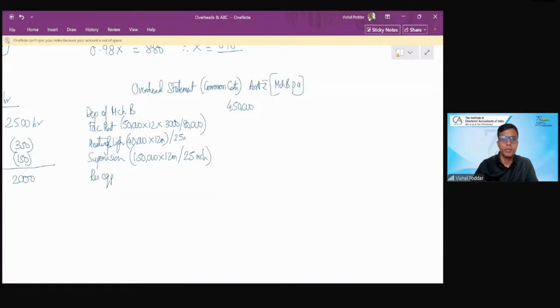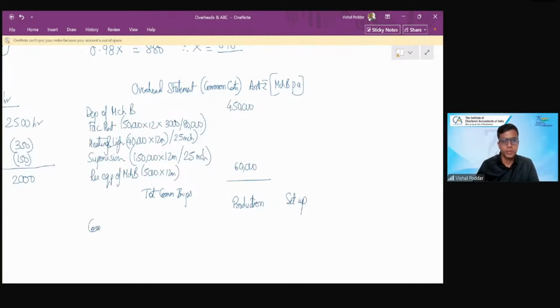Now in this, I divide it again by the number of machines. Reserve equipment is only for machine B, so there is no calculation to be done. Sorry, it is per month. So 60. Others, you please calculate and give me the total common expense, which I will now divide into two parts, production and setup.